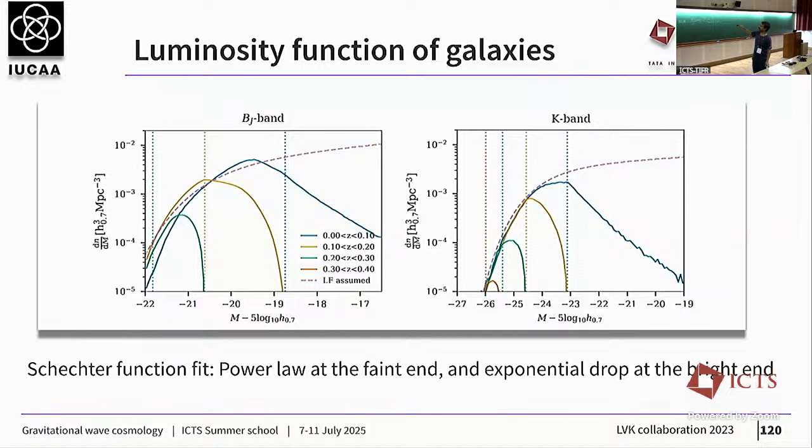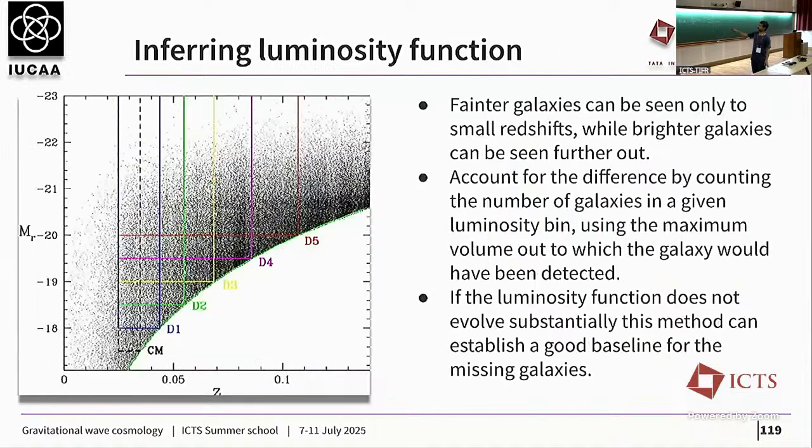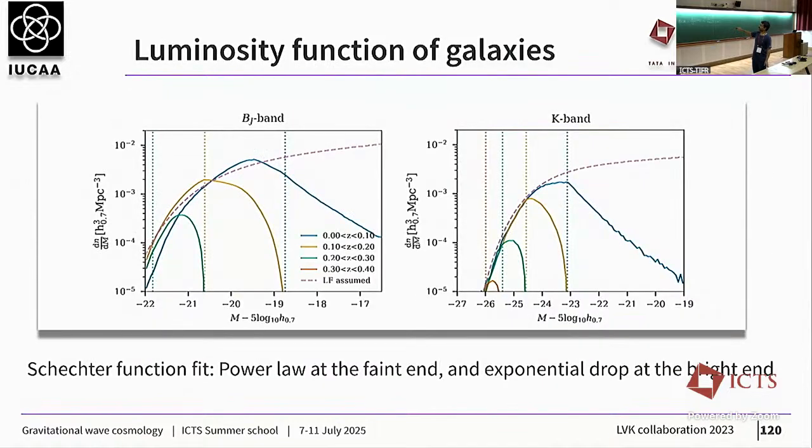So this is a determination using this kind of method, but in a small area of the sky. What we care about in GW Cosmo or Icarus GW is what this luminosity function may be over the entirety of the sky, or within some pixels. And so that is this kind of reconstruction that you can see.